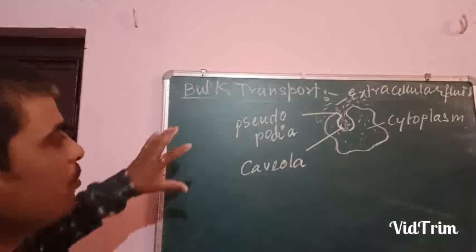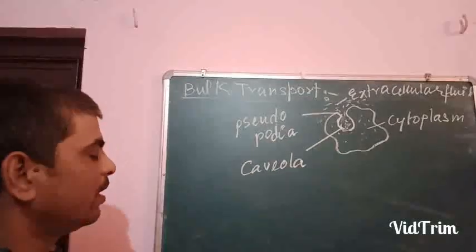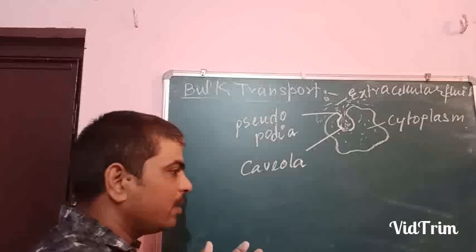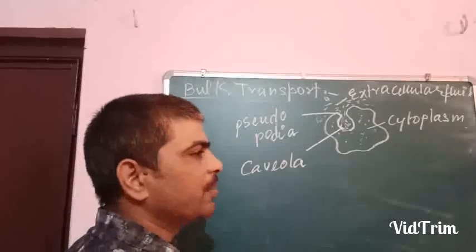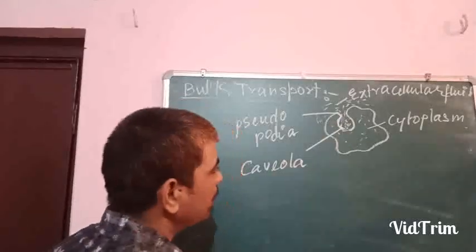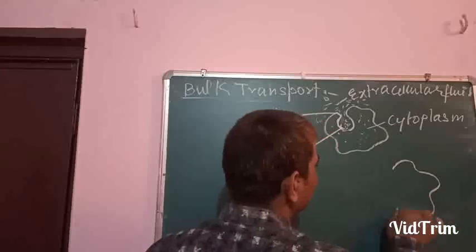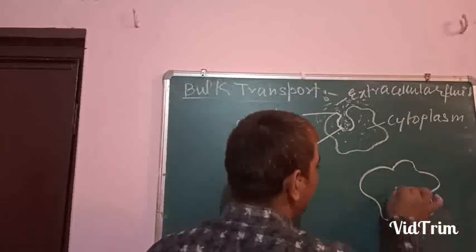Okay. Now, whenever any required substance comes around the amoeba, its pseudopodia wrap around it to trap the material. Okay, that happens here also. Now, it slowly converts into a vacuole.